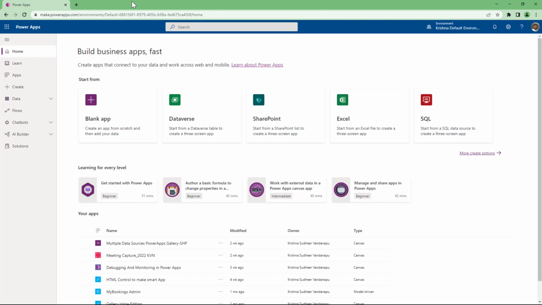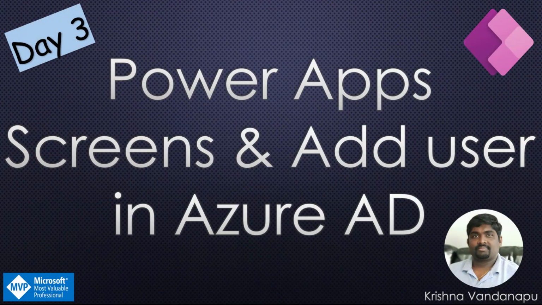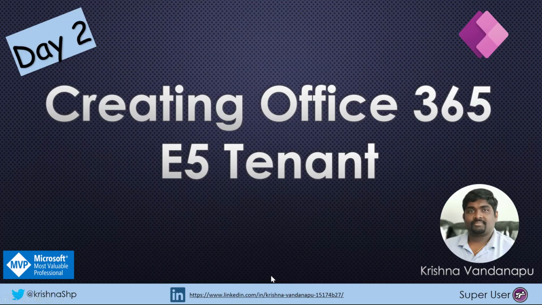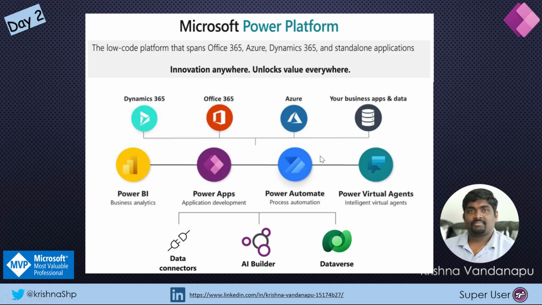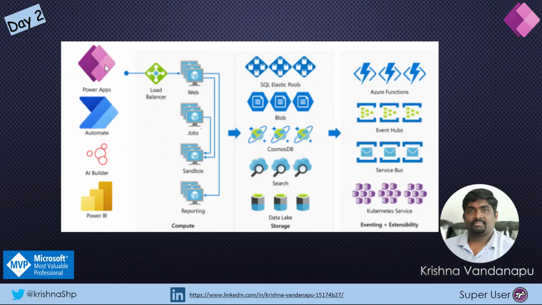If you try to recall from the previous class, we learned how the user's request will be rendered. When the user opens the Power Apps portal, it will go to the load balancer and then to the web front-end server.